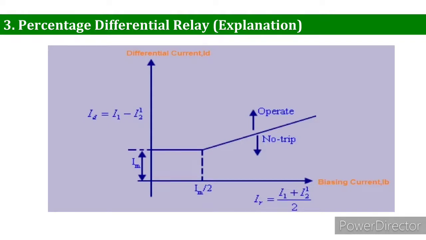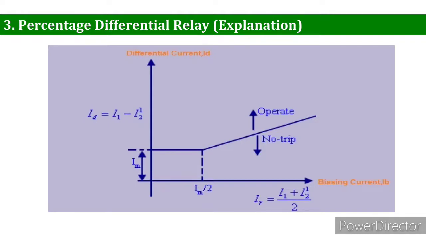As you can see, the current on the x-axis is the average current of the primary and secondary windings referred to primary. It basically indicates the restraining current, called the biasing current, as we studied in the last section, that is a biased beam relay. The corresponding difference on the y-axis represents the differential current.